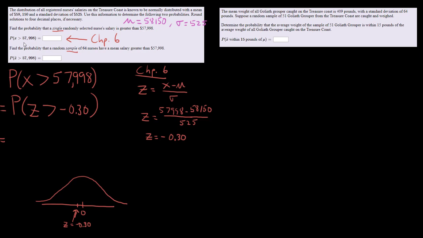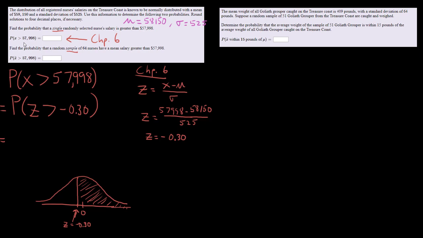Now, we want a greater than probability, so we're going to look to the right, find the area to the right, like so. But we know that our standard normal table always gives us area to the left. So if we look up z equals negative 0.3, the table is going to give us the area to the left, this blank region over here, not the shaded region that we want.